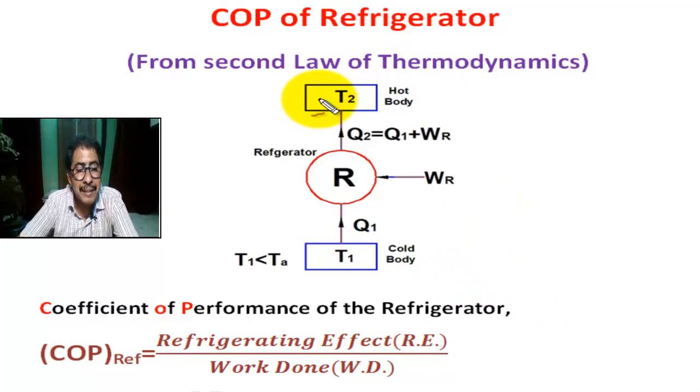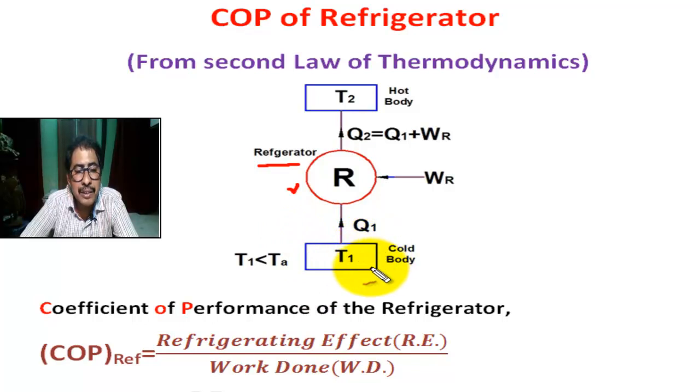In the figure, this is a refrigerator cycle. This is the refrigerator. This is the higher temperature source, hot body, temperature T2.